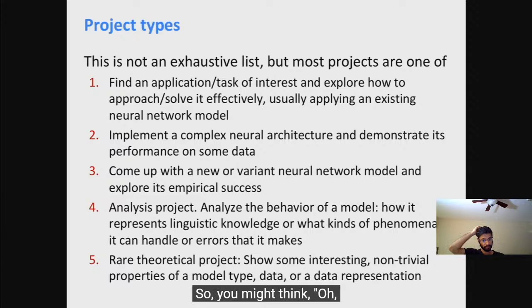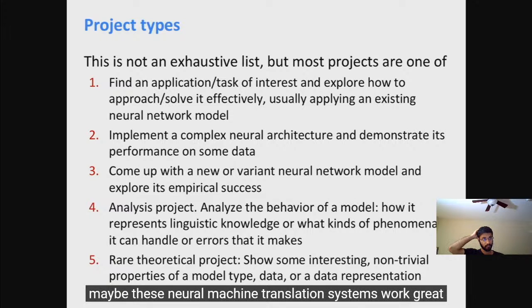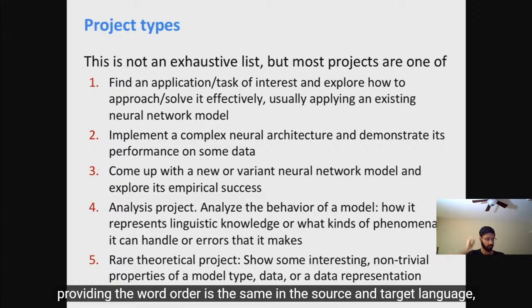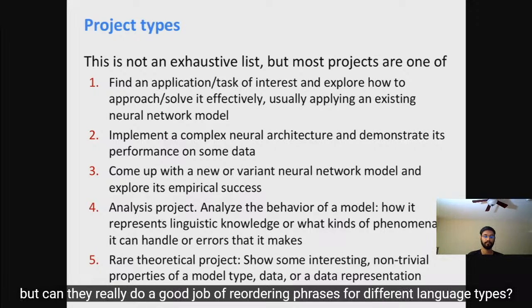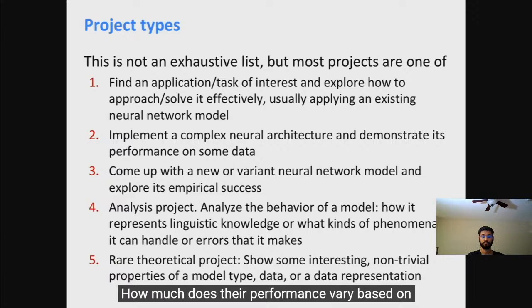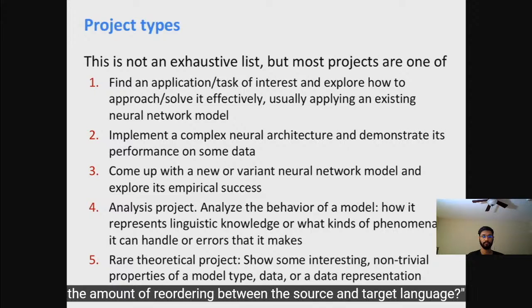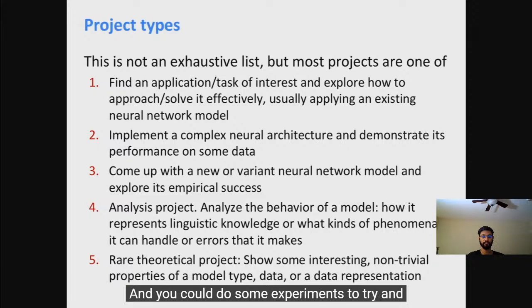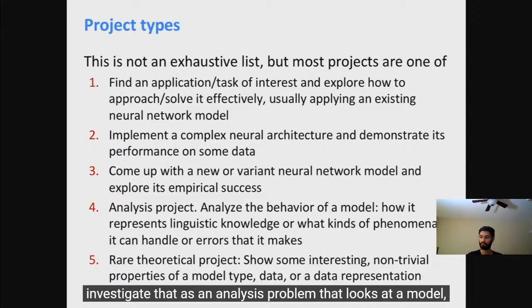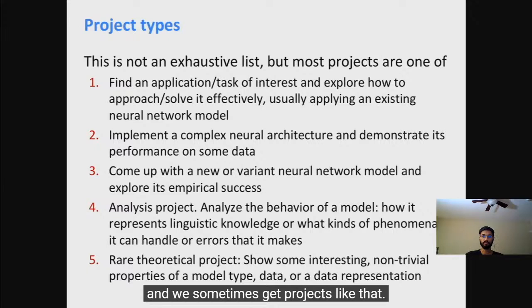You might think, maybe these neural machine translation systems work great providing the word order is the same in the source and target language, but can they really do a good job of reordering phrases for different language types? How much does their performance vary based on the amount of reordering between the source and target language? You could do some experiments to investigate that as an analysis problem that looks at a model, and we sometimes get projects like that.